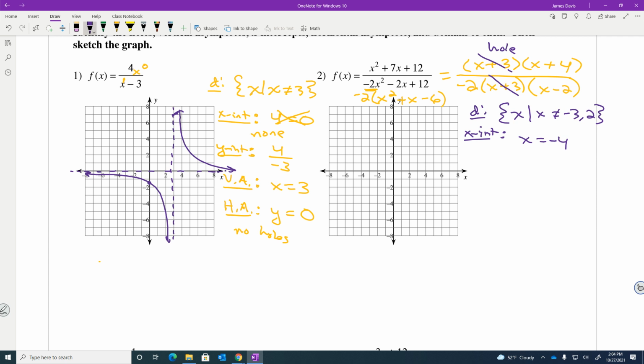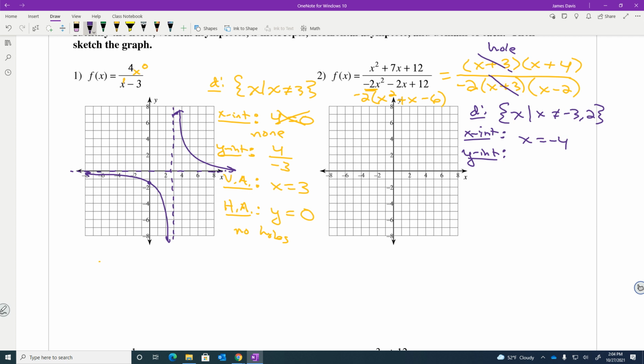So if it's a hole, then it can't be an intercept, right? If this didn't get crossed out, then we would say yes, it is an intercept. But we know there's a hole there. So we will have a hole in the graph. What would it look like on the graph? A hole. I'll show you when we graph it. An open circle, that's what I was thinking.